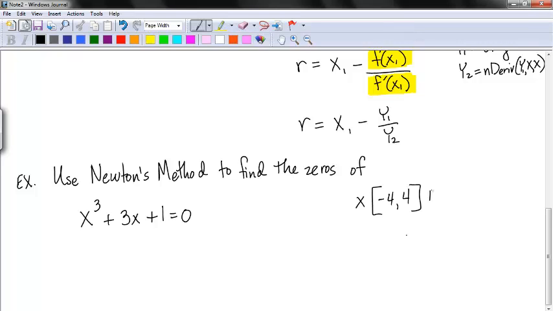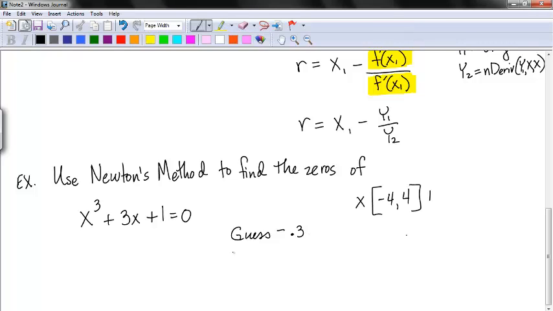Now, you guess something other than me. My guess is going to be negative 0.3. So you guess negative 0.4 or negative 0.2 or something.